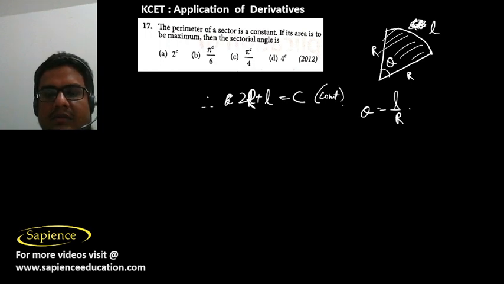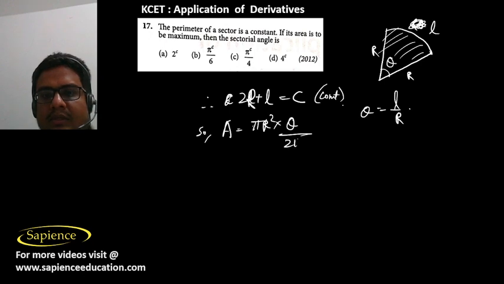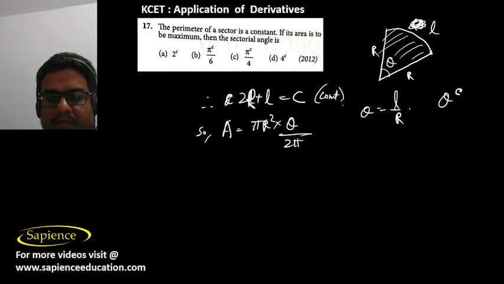And so the area will be given as pi r square into theta by 2 pi. Theta is in radians, the circular measure.